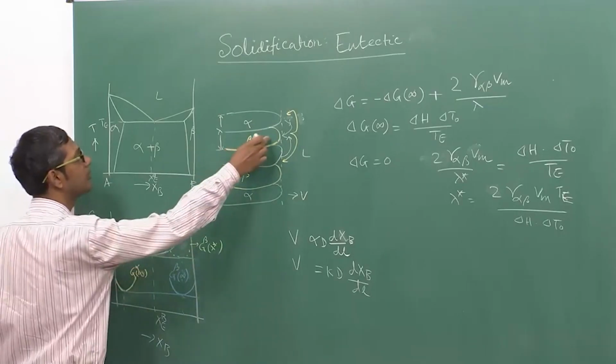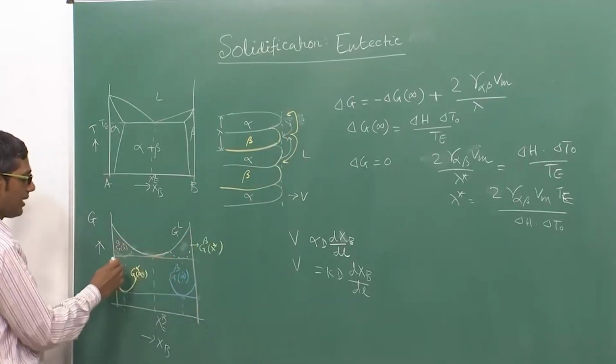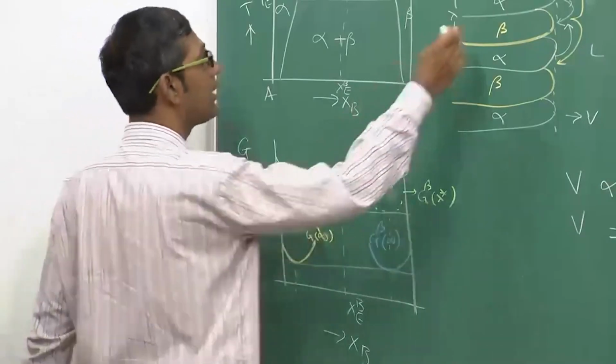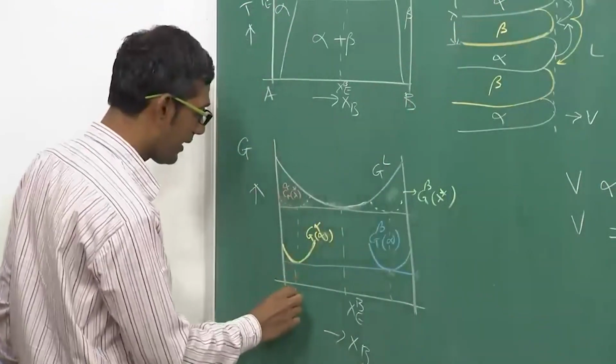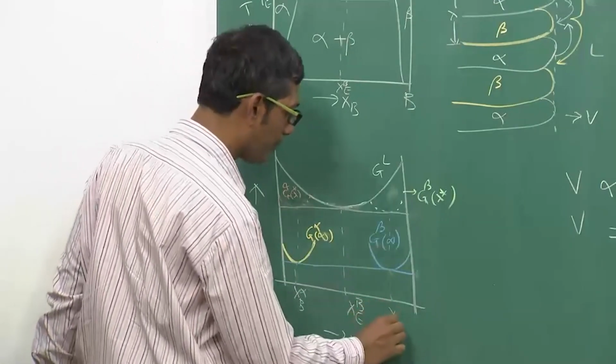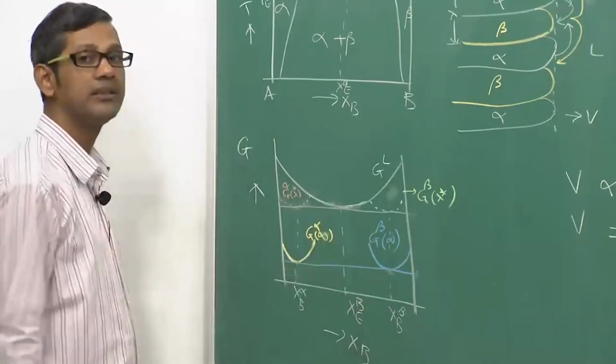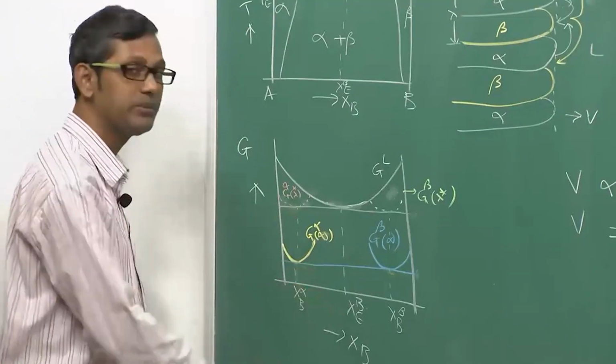Similarly, the interfacial composition at the tip of beta is xBe, because this is the common tangent. Therefore the solid compositions are at xB alpha and xB beta, which are in equilibrium with the composition of the liquid given by xBe.